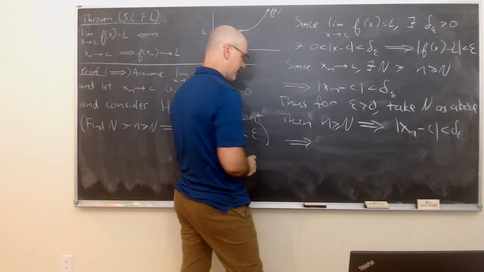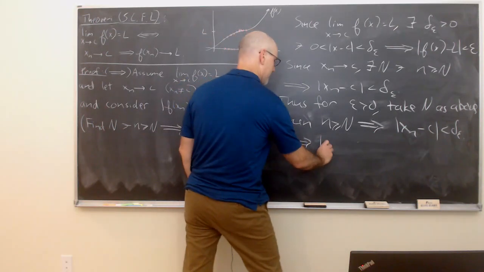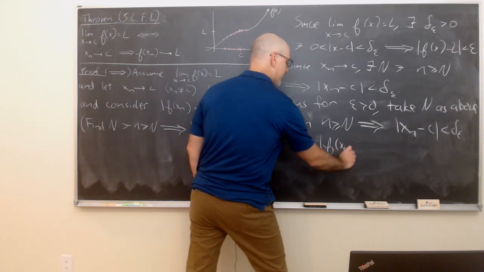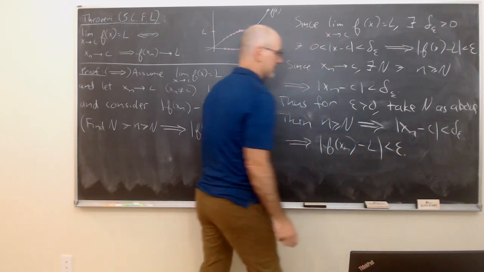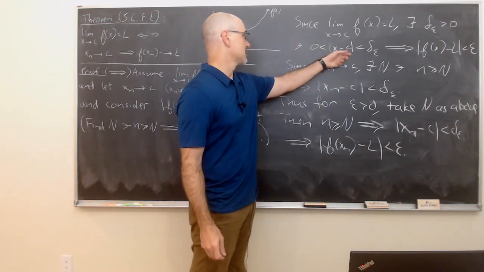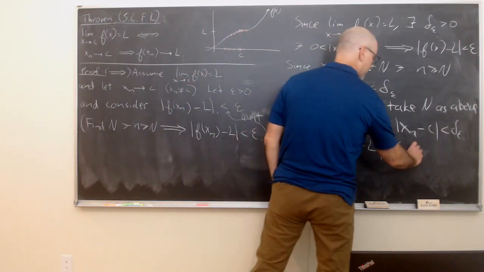And by the definition of our functional limit and the way delta was selected, that implies that f of x_n minus L is less than epsilon, because x_n is one of these x's that's within delta of c. So that completes the proof.